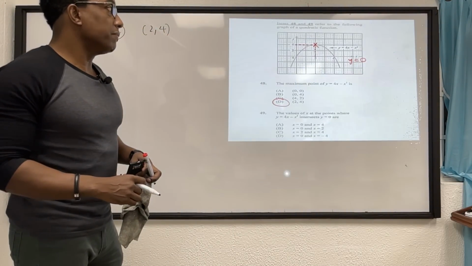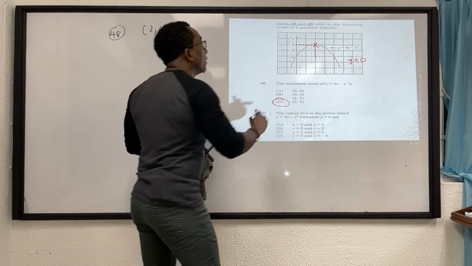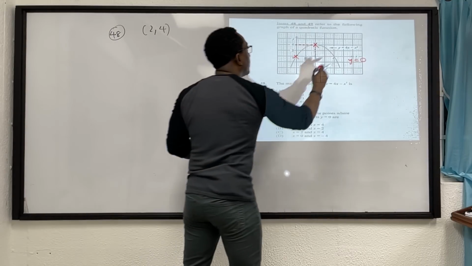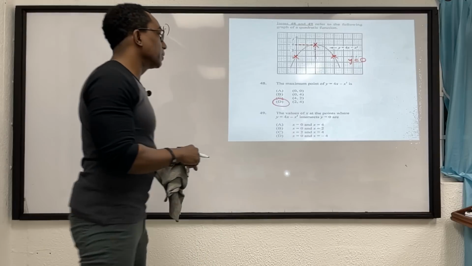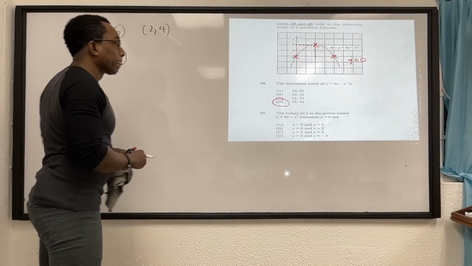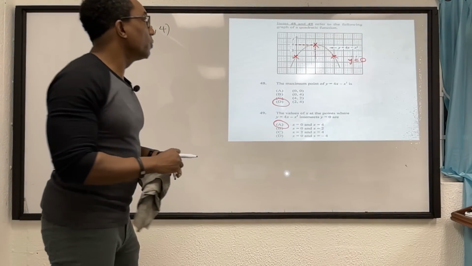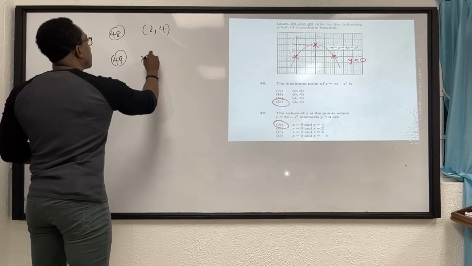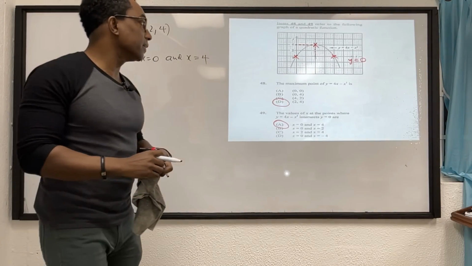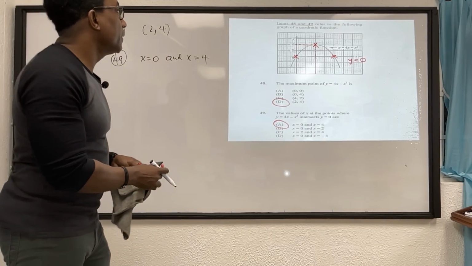So for us to determine the values of x where the curve and the x-axis meet, we're looking at x equal to 0 and x equal to 4. So the answer for 49 will be x equal to 0 and x equal to 4, whose answer is E. Let's move on to question 50.